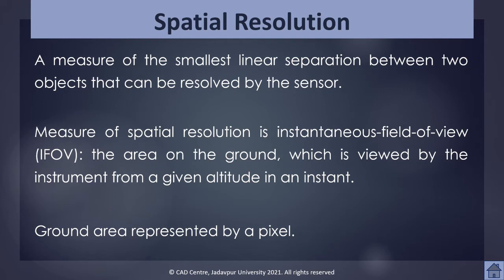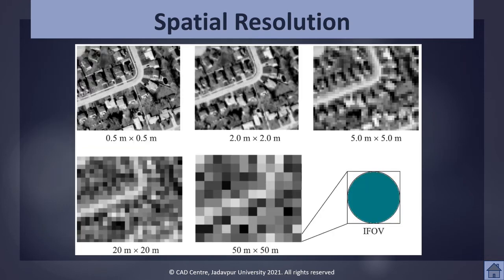It is important to realize that IFOV and FOV are different. The FOV, or field of view, is the total angle of view of the camera which defines the image swath, but IFOV defines the viewing angle of a sensor's detector, which defines the area on the ground represented by a pixel in the image.